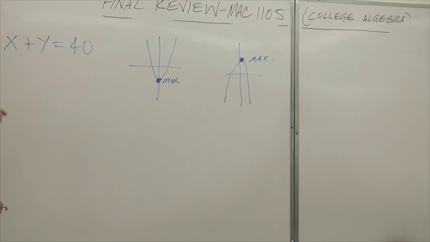So let's see why they're giving us this other description here. What's the other description? It said, find two numbers whose sum is 40, such that the sum. The sum is addition, isn't it? The sum of what? The square of one number. So what am I going to write?